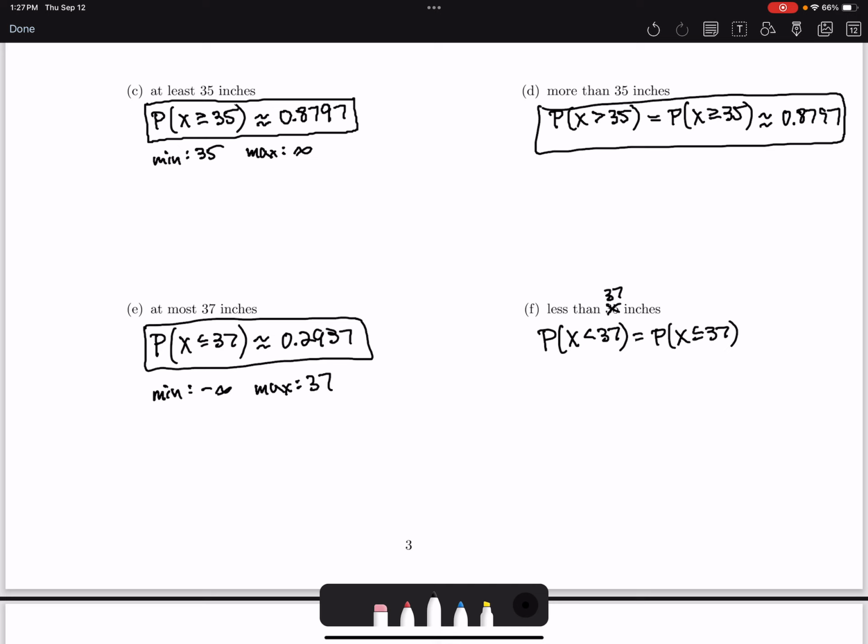They're exactly the same thing. If this had been a discrete distribution, we would have to say that this is equal to probability x is less than or equal to 36, right? And take it down one. But this is continuous. So probability x is less than 37 is exactly the same thing as the probability x is less than or equal to 37. And we've already computed that value, right? 0.2937.